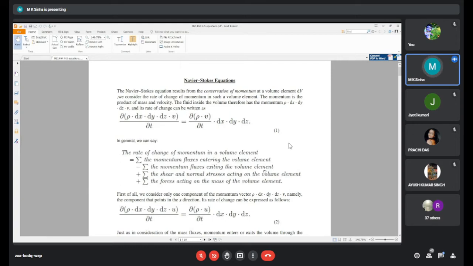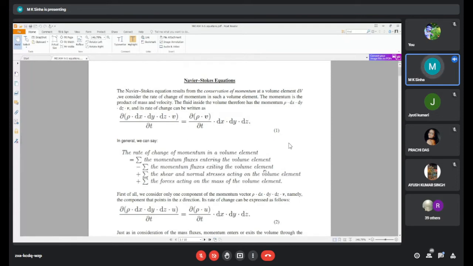This is the velocity vector, and its rate of change can be written as del by del t of rho dx dy dz V. The volume dx dy dz is not a function of t because it is itself an independent variable, so it is del by del t of rho into V.